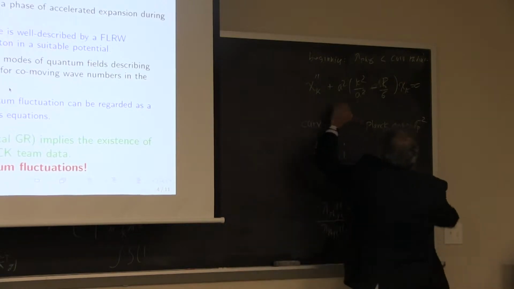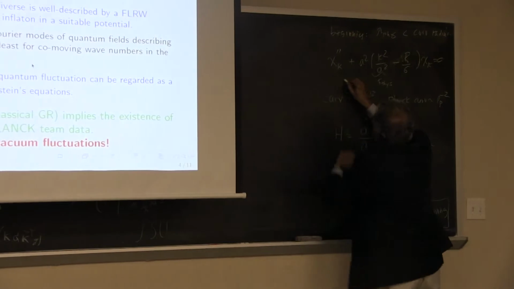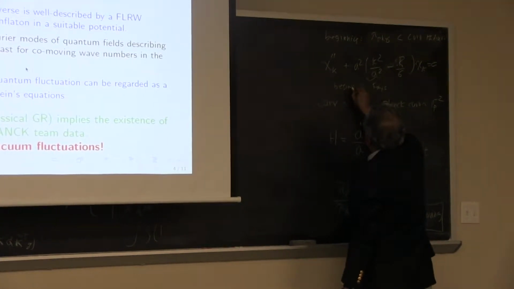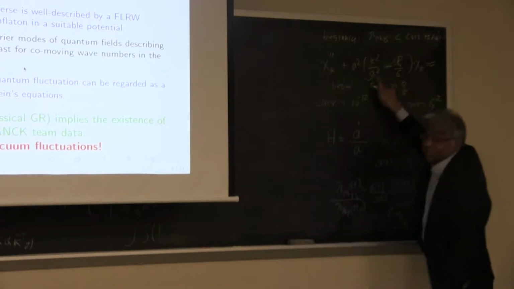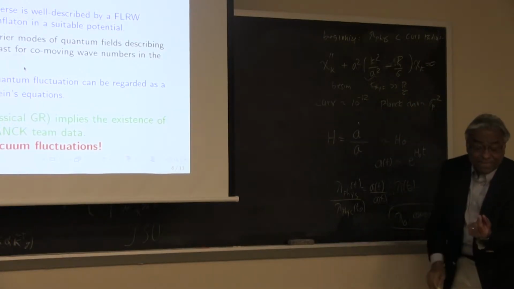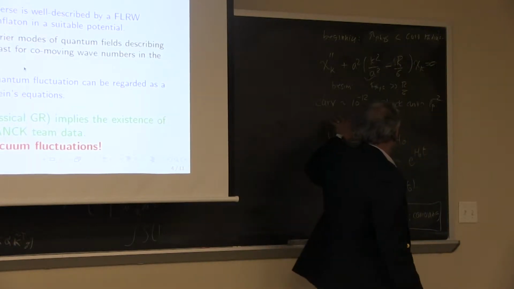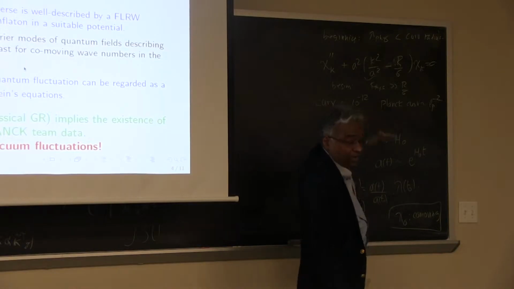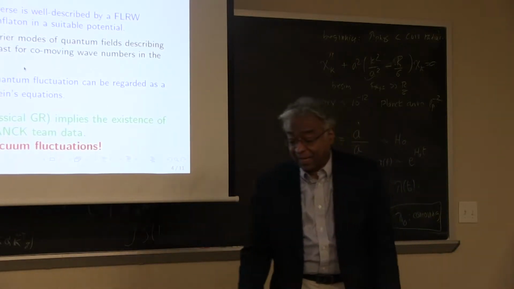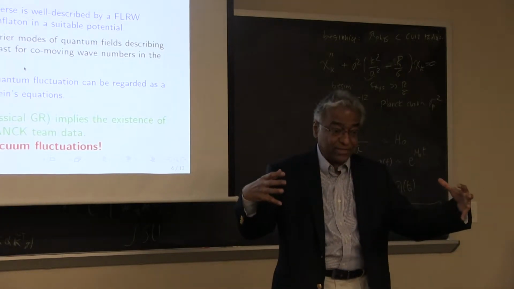Which means that the physical k at the beginning is larger than the square root of R by 6. So this term dominates up here. So in the beginning, when inflation starts, even though the curvature is large, it is 10 to the minus 12 times Planck curvature. So with respect to Planck curvature it is small, but as I saw last time, it is really large. It is about 10 to the 60 times the curvature on the horizon of a black hole.